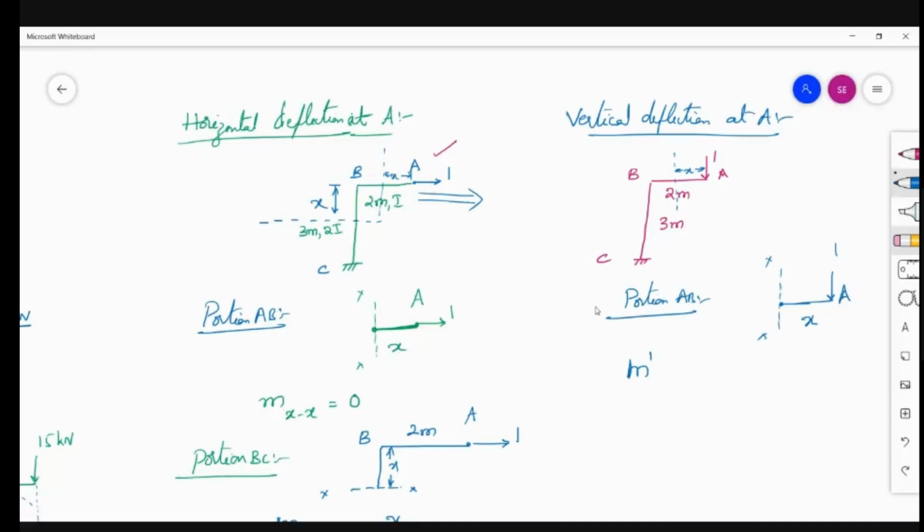Because this is the representation for the vertical deflection. M dash XX equals, this vertical load that is placed is creating a hogging moment. So that's why it is minus 1 into X, which is minus X. So M dash XX is minus x for portion AB.